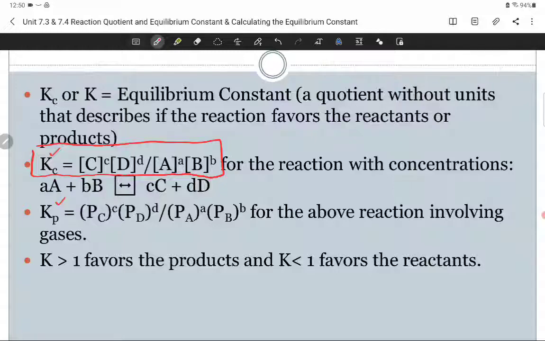If you were told to write a Kp expression, you must use those partial pressure designations, the capital P's. Very nitpicky, but if you mix those up, you will not get the credit for those expressions.